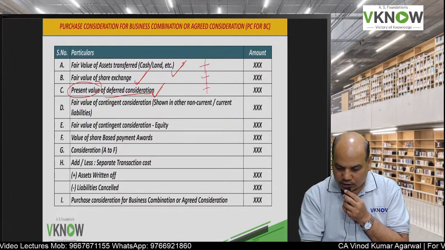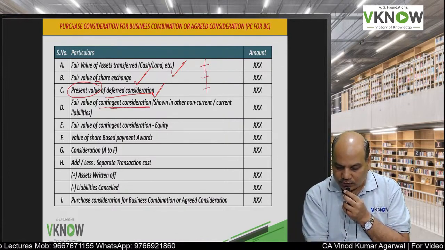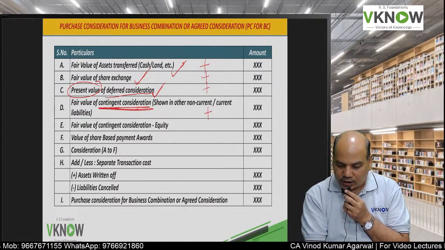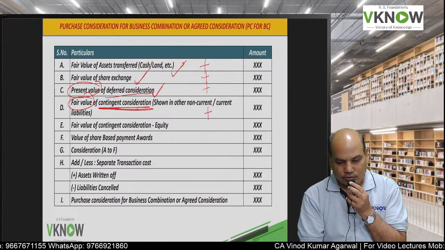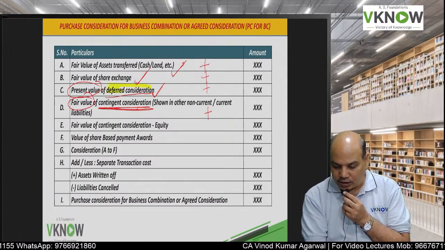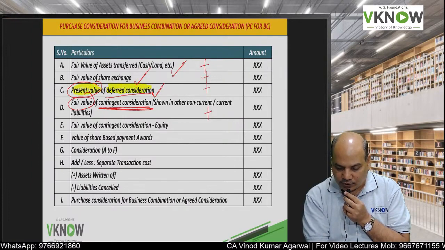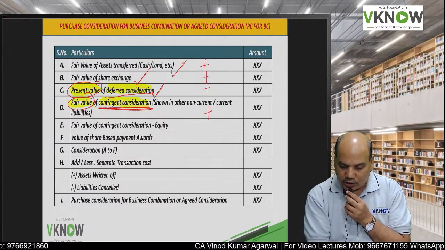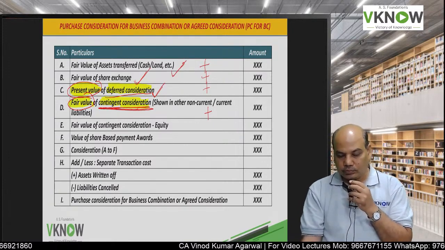So this you will add. If there is any contingent consideration, that also will be taken at fair value. Now, confusion: deferred consideration will be at present value. Contingent consideration will be at fair value.